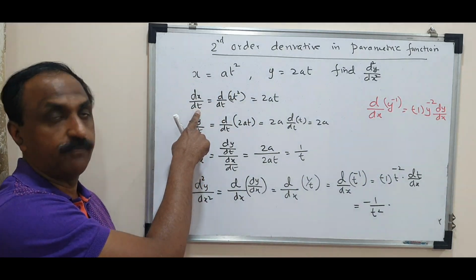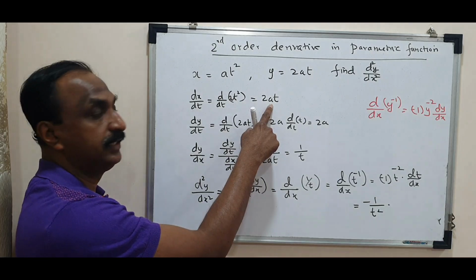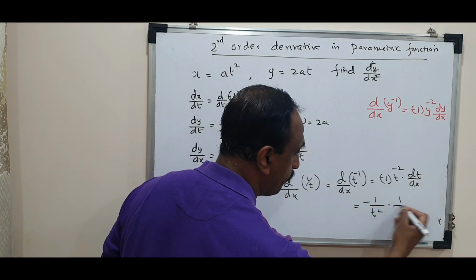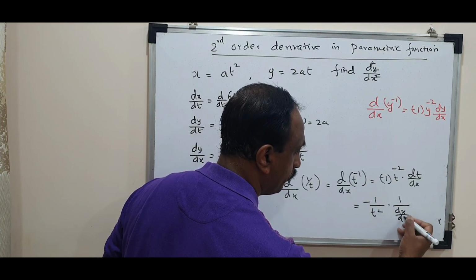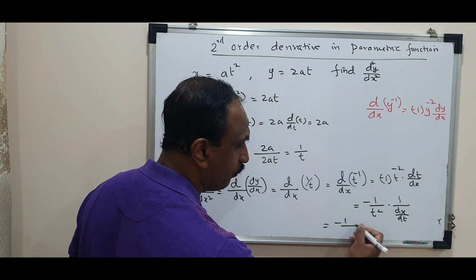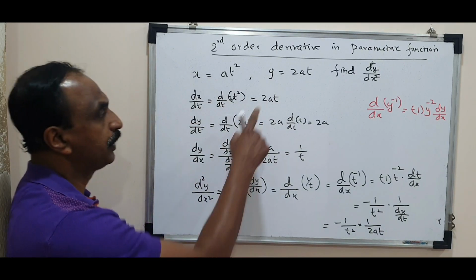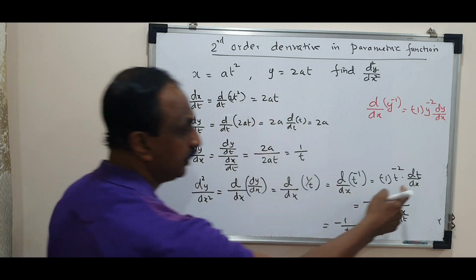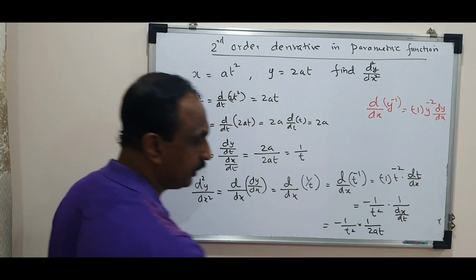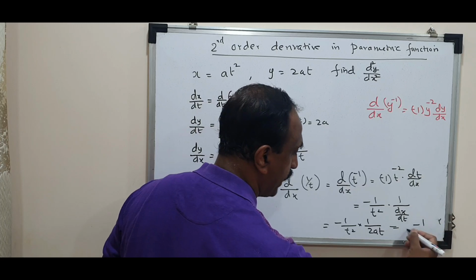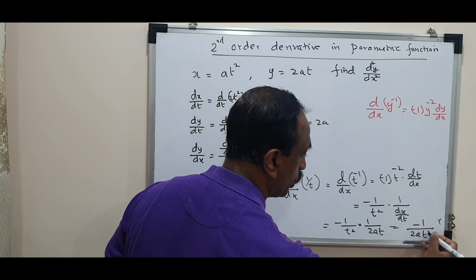It is the reciprocal of dx by dt. What is dx by dt? 2at. So 1 upon dx by dt. So my final answer would be minus 1 by t square into 1 upon 2at. Because dx by dt is 2at, dt by dx will be its reciprocal. So my final answer is minus 1 upon 2at cube.